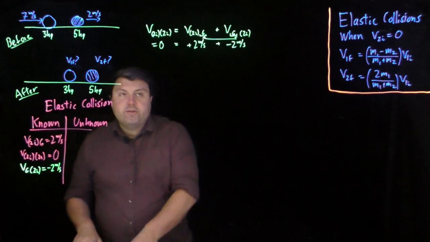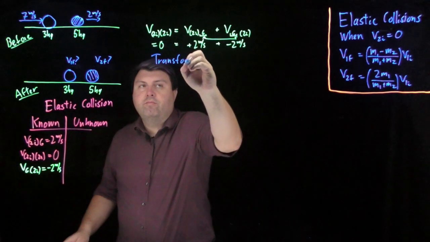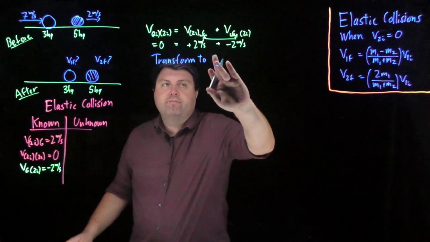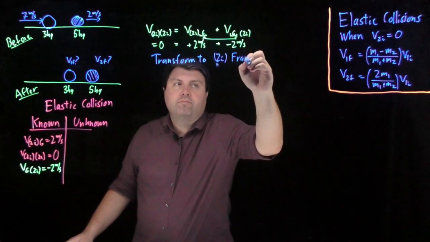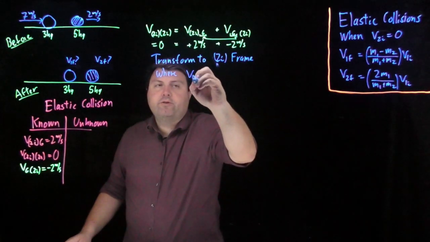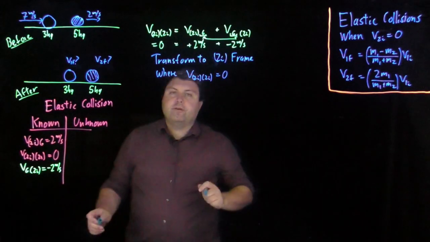So if we can do this, we can transform to the 2i frame, where the velocity of 2i relative to 2i is equal to 0.